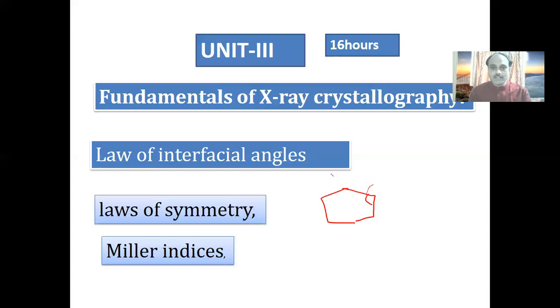Why does the concept of symmetry come into the picture while studying X-ray crystallography? X-ray crystallography is mainly the study of deducing the internal structure of a crystal.